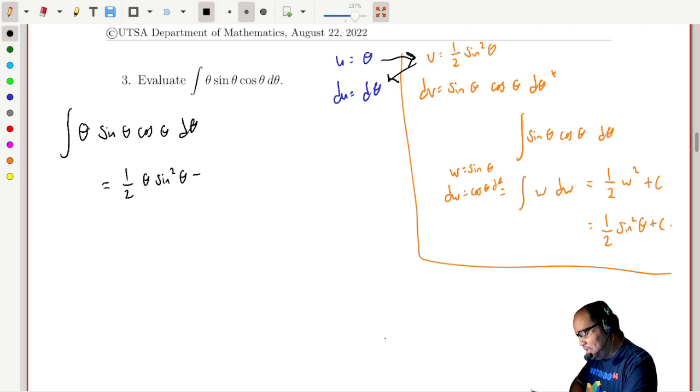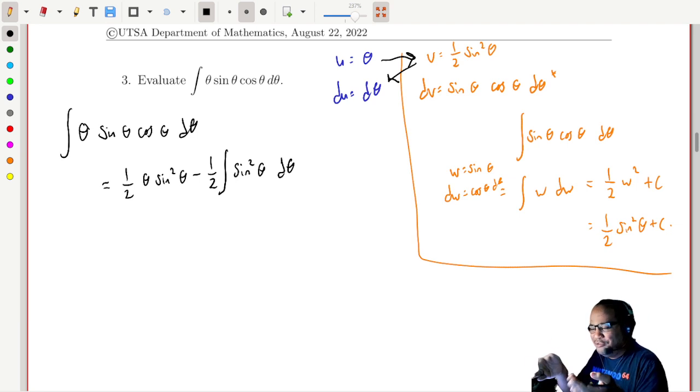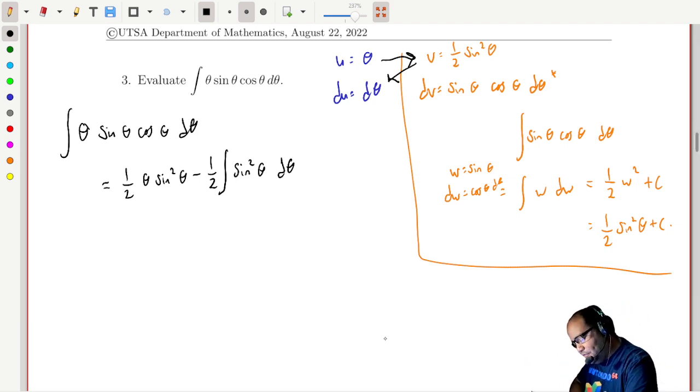Uh-oh, something's funny here. 1/2 times the integral of sine squared theta. At the moment, we don't have a nice formula for this, but we can remember something.